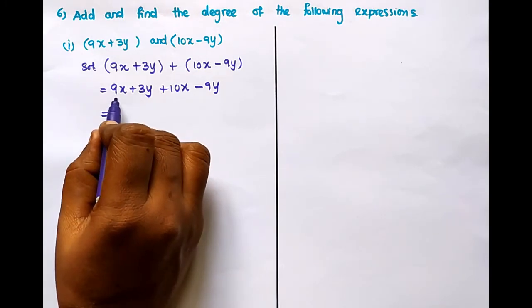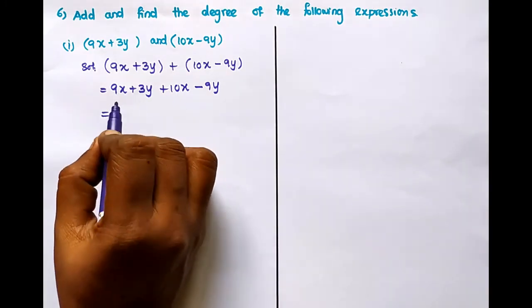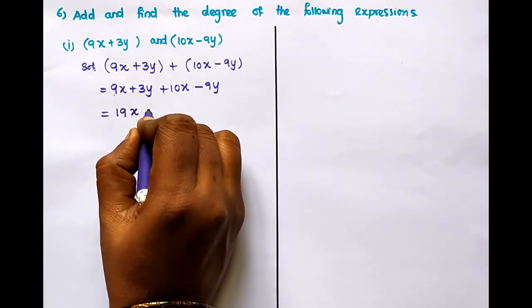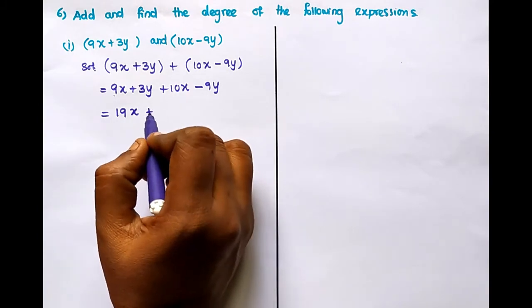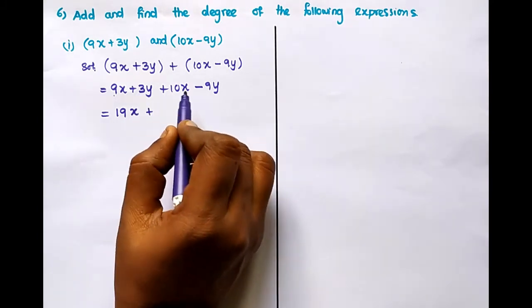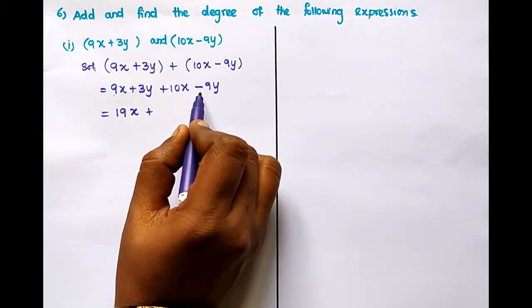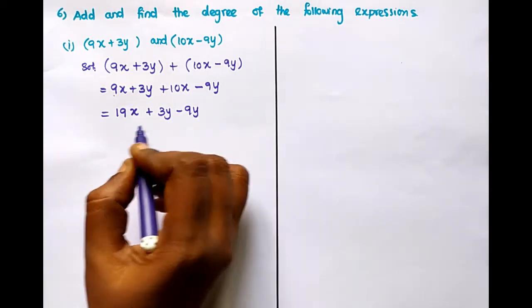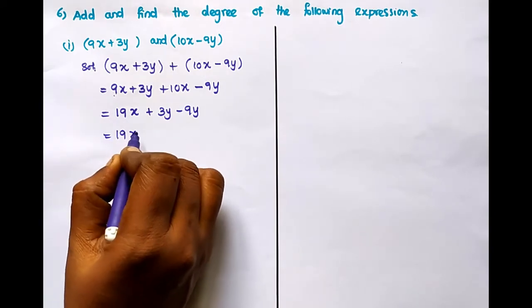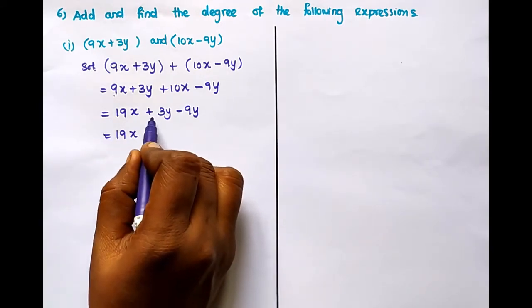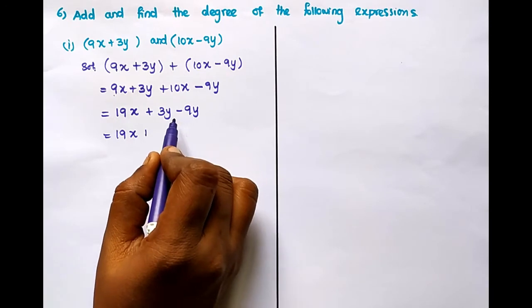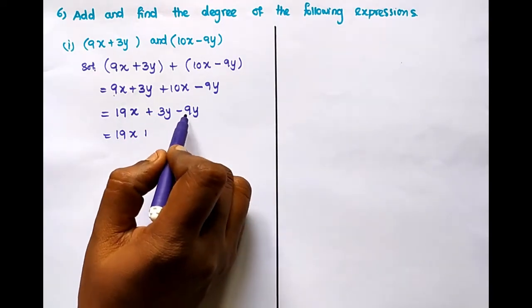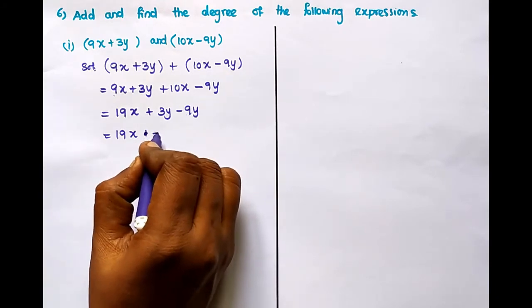Now listen, add the like terms. 9 plus 10, 19x, plus 3y minus 9y. Listen, 19x we get, and here plus and minus are different signs, so we have to subtract these two numbers. 3 minus 9 we get minus 6.